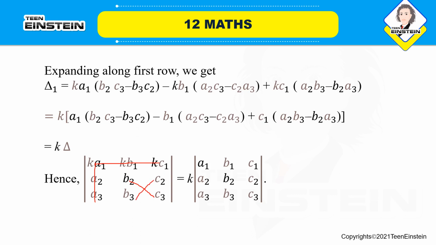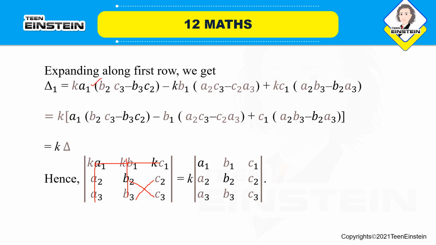Then in the next position we have the element KB1. For this position we have a minus sign, so minus KB1 into A2C3 minus A3C2. Plus in the next position we have the element KC1, with a positive sign, so KC1 into A2B3 minus A3B2.